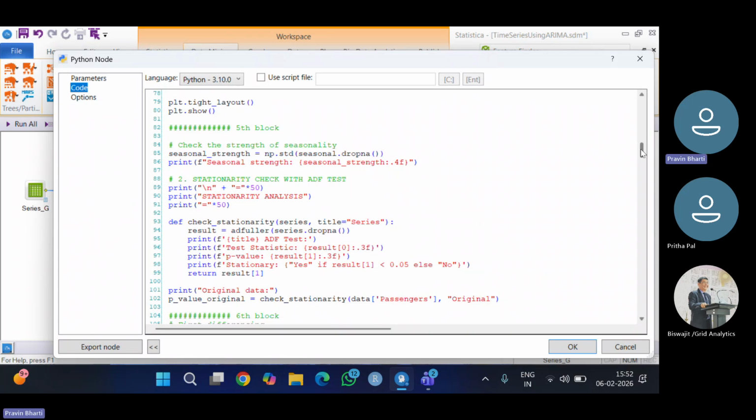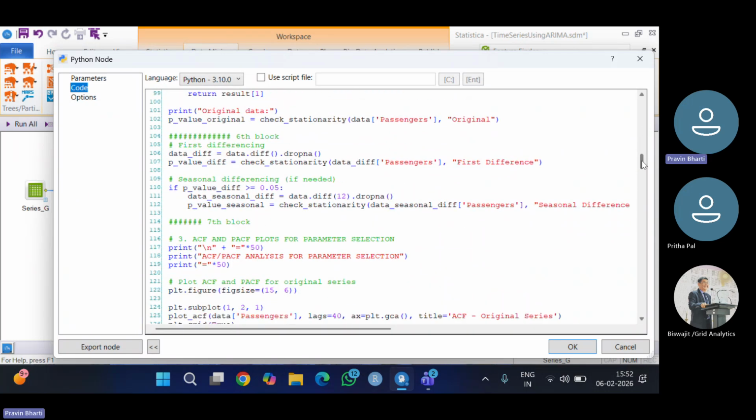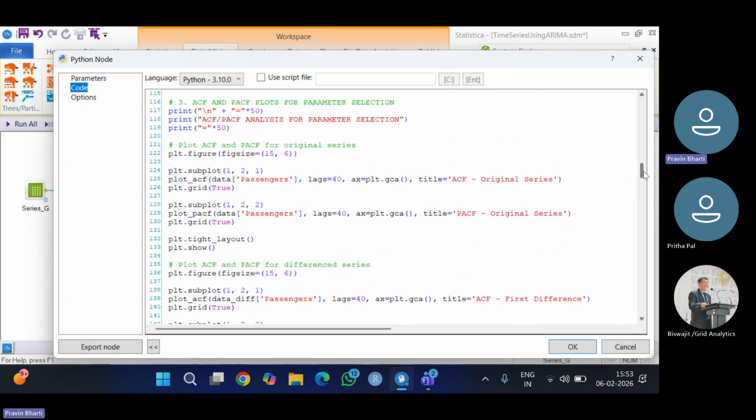Now I go to the next block, the sixth block. The sixth block will apply the differencing technique to remove the trend component, and then again differencing to remove the seasonality. And then the seventh block will plot the ACF and PACF plots to select the ARIMA model parameters.